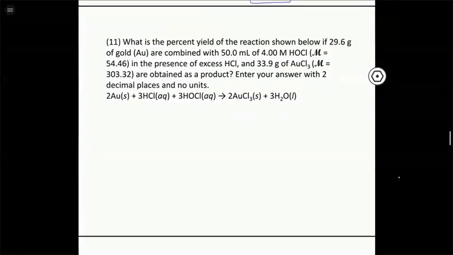All right, so it's always helpful in these long problems like this to zoom in on what the question is asking you for, because sometimes we'll give you a lot of information. Some of it may not be 100% necessary in all cases, but look at what it's asking. So it states right at the beginning, what is the percent yield?